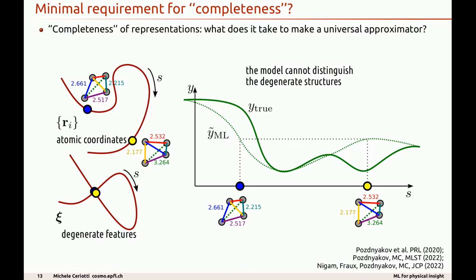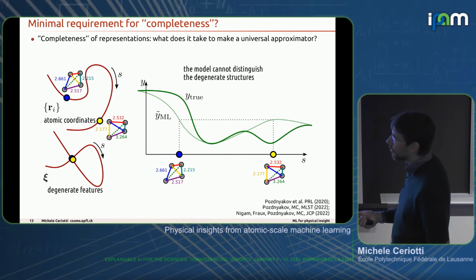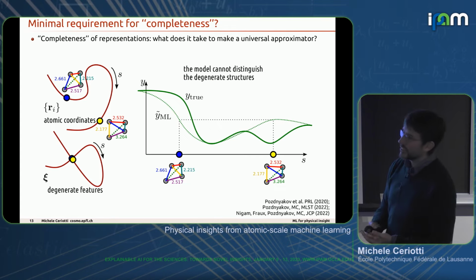And basically what I want to stress with this slide is that this is not only important for the two structures, because if two structures that are distinct in coordinate space are made to overlap, also the structures that are in their vicinity will become nearly degenerate.